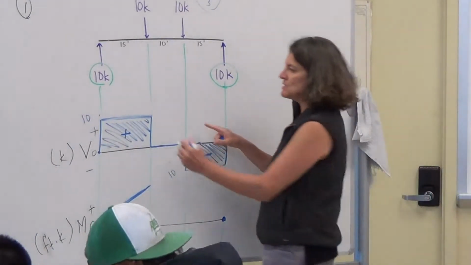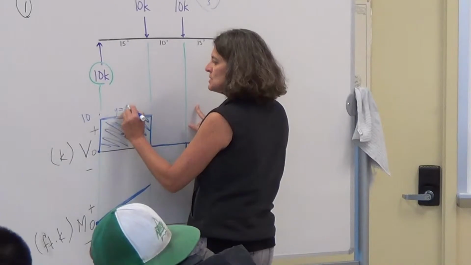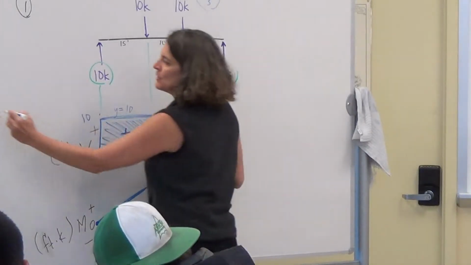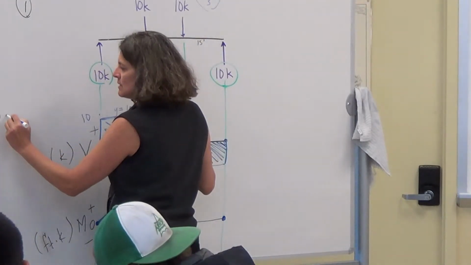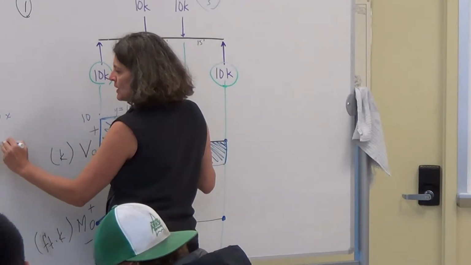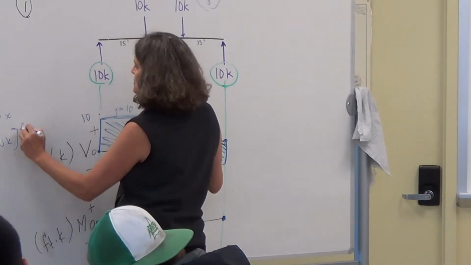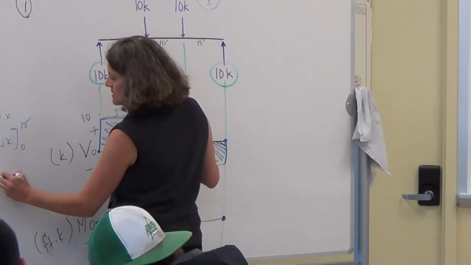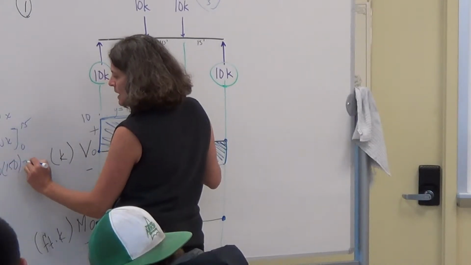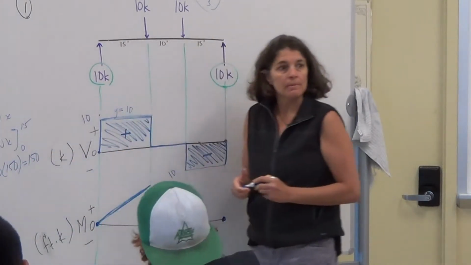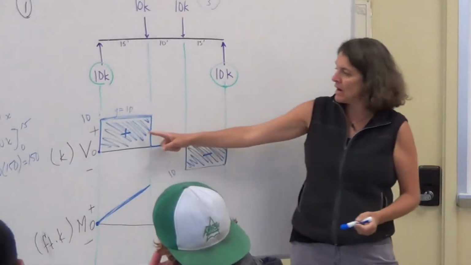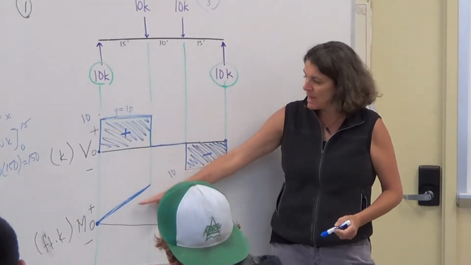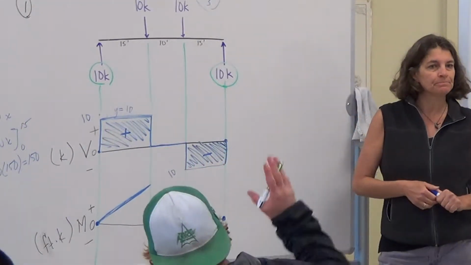The equation of this line is y equals 10. So if I integrate 10x from 0 to 15, I get 150. I'm basically taking the area of this, and it's a positive area of going up.